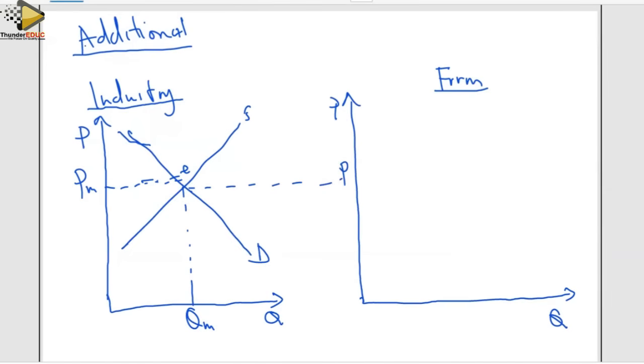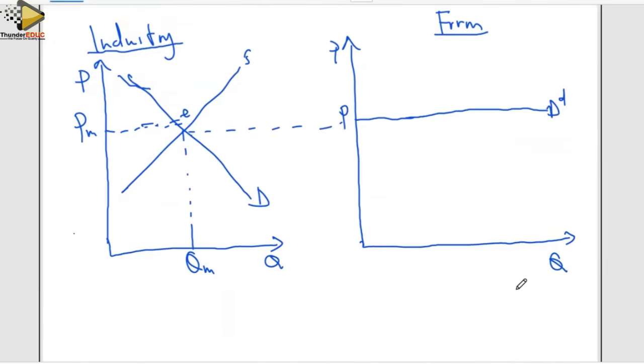This is now an individual firm. It now takes that price. What is going to happen? It means they are supposed to sell an infinite quantity at that ruling market price. So we see they have a horizontal demand curve. And for that sake, we are saying this business here is unable to manipulate the price.